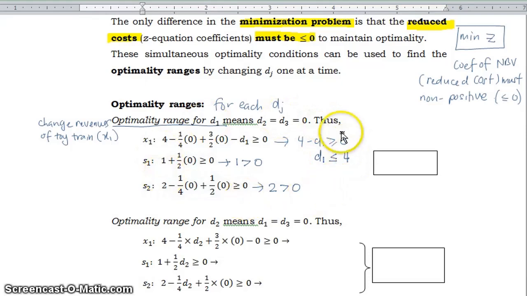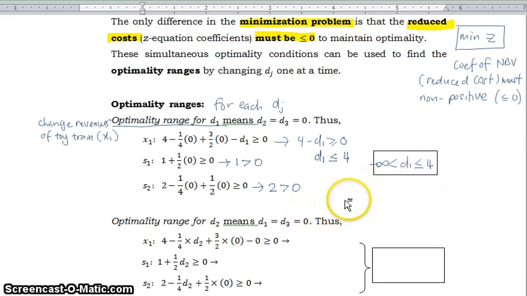From here we know that the range for D1 is less than or equal to 4, but greater than negative infinity. This means the current optimal solution remains optimal if Toyco changes the revenue of the toy train by not more than 4 ringgit.